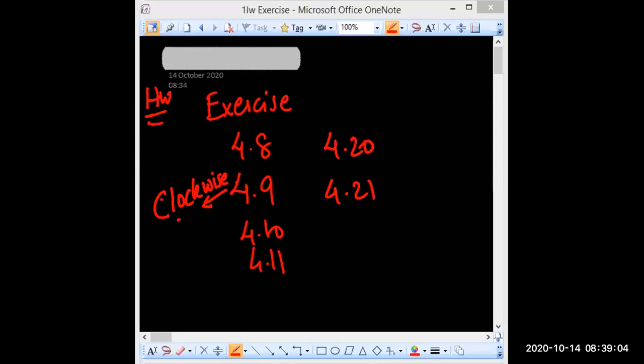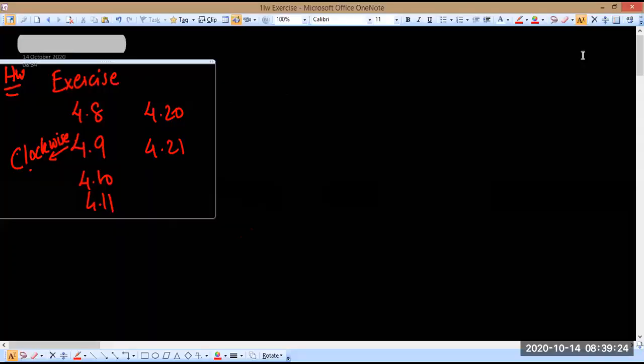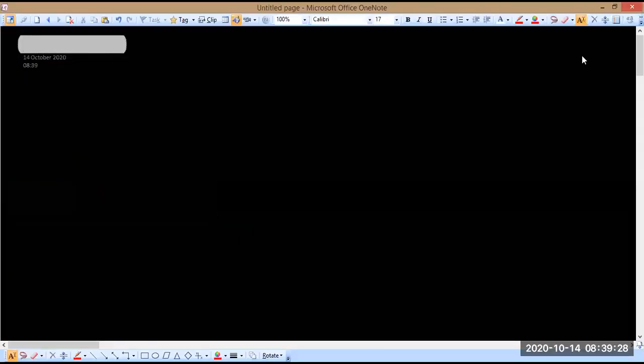Net means total. You must know some English, at least net you'd know. Okay, so now we are on to projectile motion, which I find very nice, very interesting personally, right?